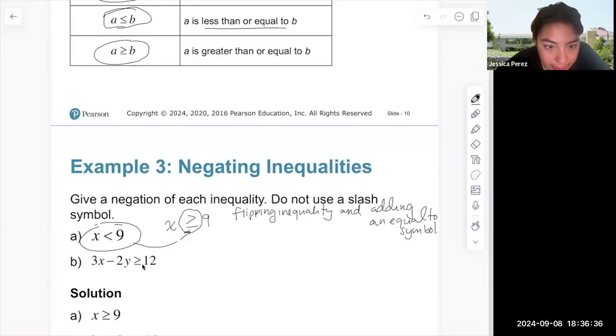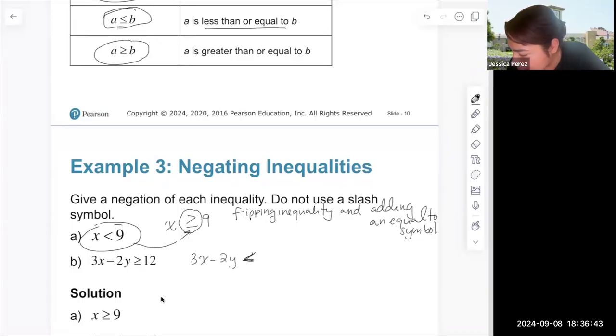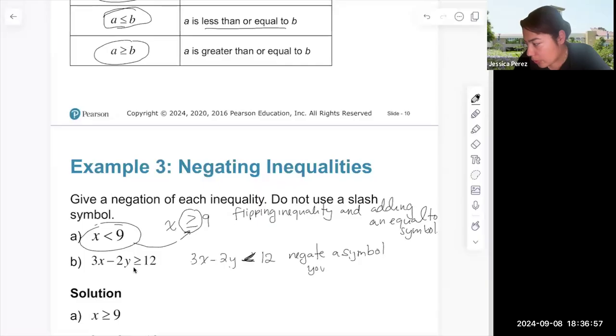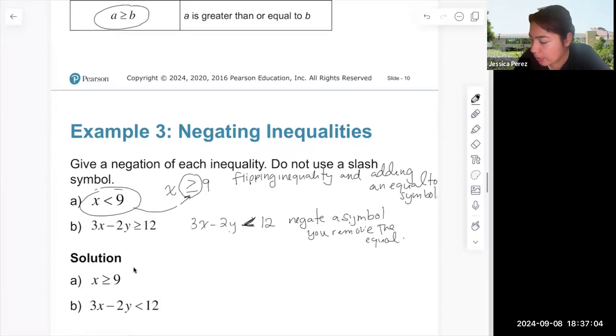Now look at B. Say this is 3x minus 2y is greater than or equal to 12. The inequality will not hold because you're negating. So when you negate this symbol, you remove the equal to in this case. So instead of adding, you're removing it.